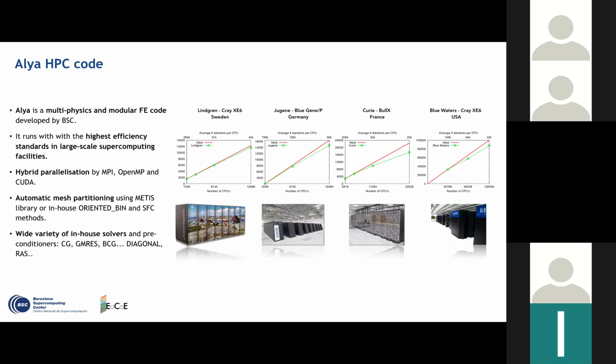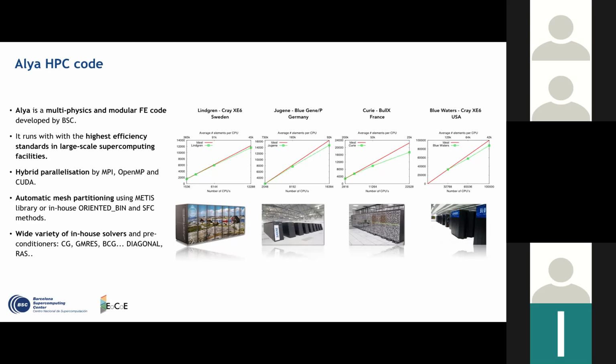As we have seen also in previous presentations, Alya is the code that we are using at BSC to perform multiphysics and parallel finite element simulations. It has been run in other supercomputer facilities, and it has been scaled up to 100,000 cores.